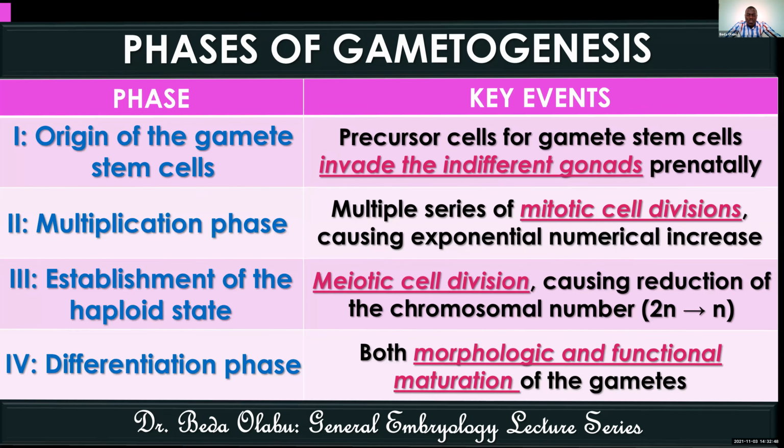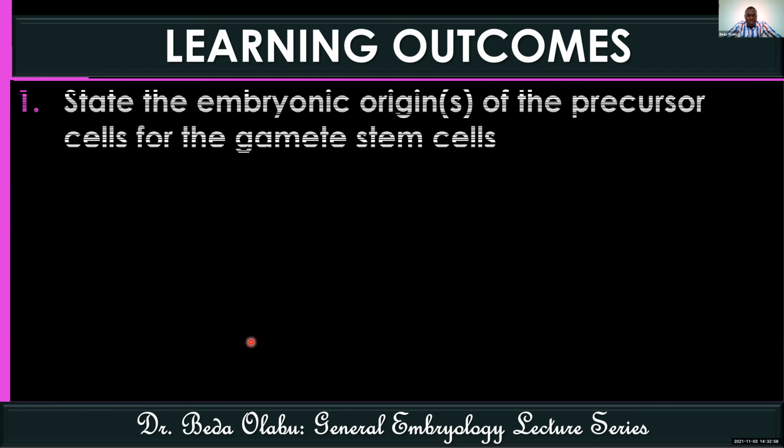And it is because of that that I now want to give you the objectives of this particular lecture. That was the introduction. One of the objectives we are going to address in this lecture on spermatogenesis is to explain how phase 1 of gametogenesis takes place.